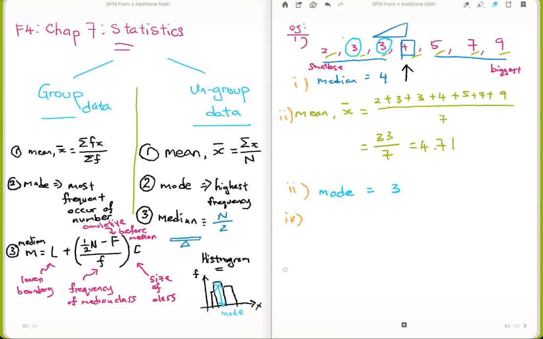In your exam, in your exercise workbook, I'm sure there are quite a lot of them, and you should do them. Now, the fourth one is called the interquartile range. It came out a few years back, in the past year.